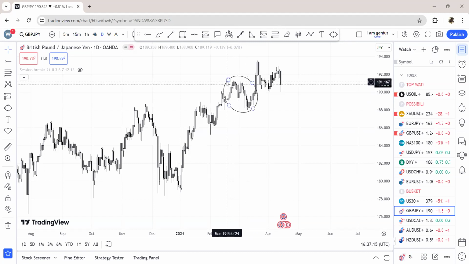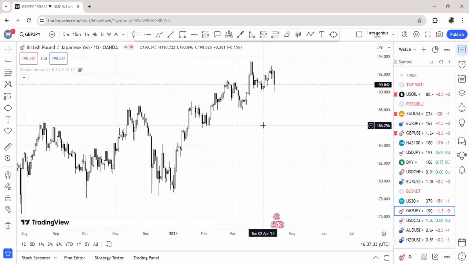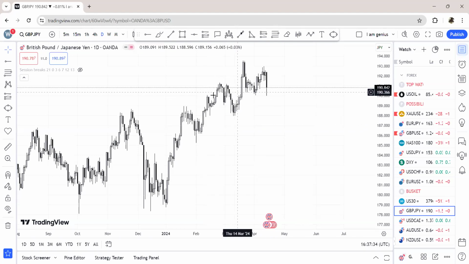Because if the buyers still have enough potential to keep pushing the market up, they're supposed to be breaking the previous highs in order for this to continue to be an uptrend. So that was showing some form of weakness, but it doesn't tell us anything, just that the buyers are losing momentum.